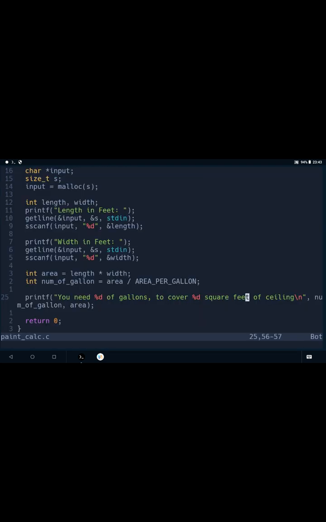So now the main thing I talked about from the beginning of the video, the div_t. This is where I use div_t, because I'm dealing with integer division. I'm not going to round per se.